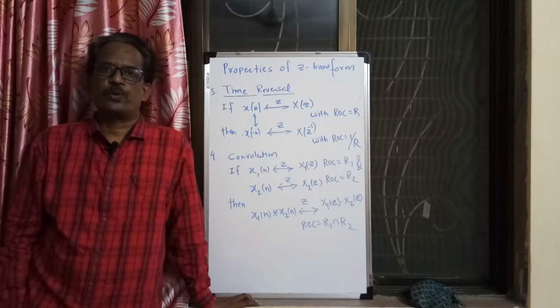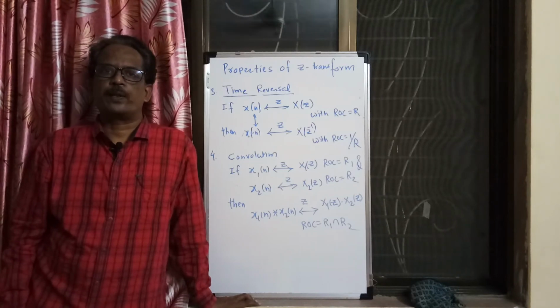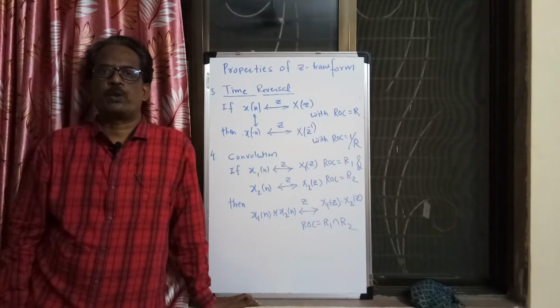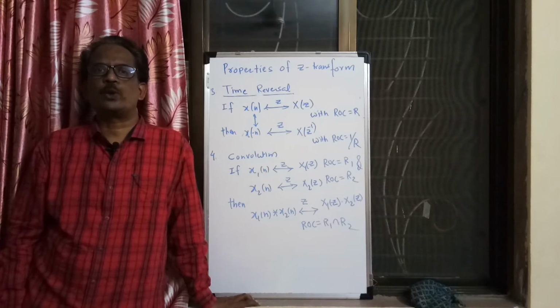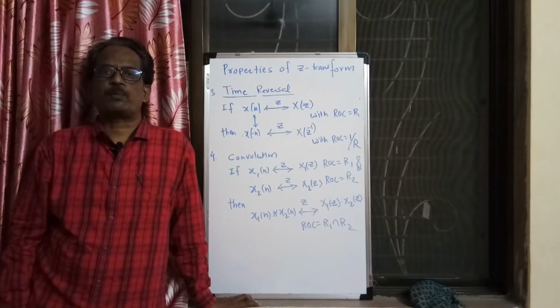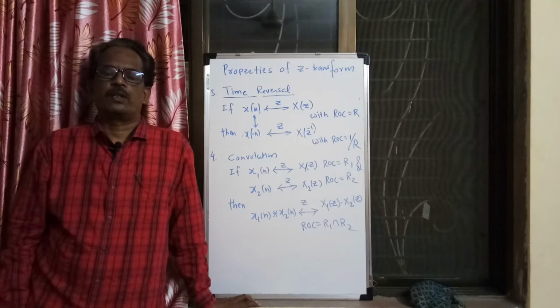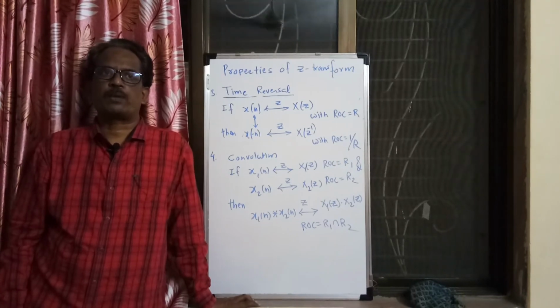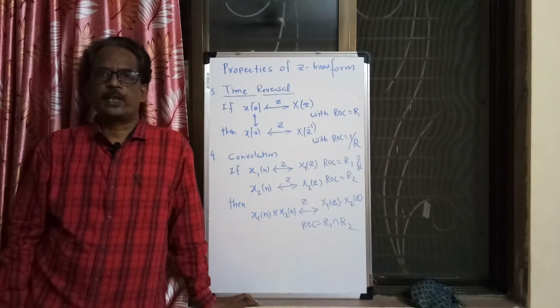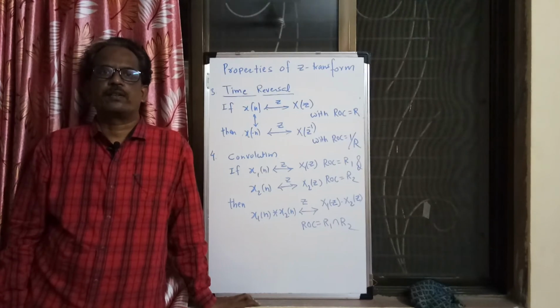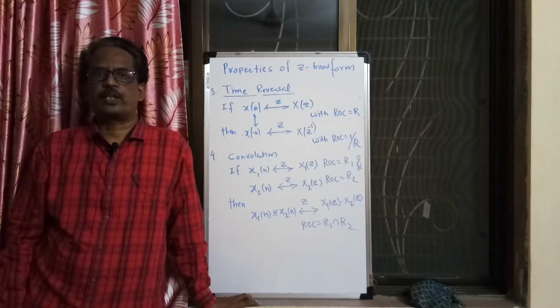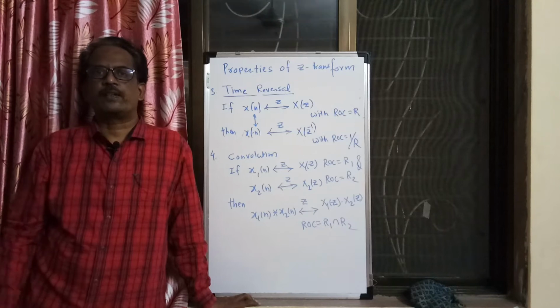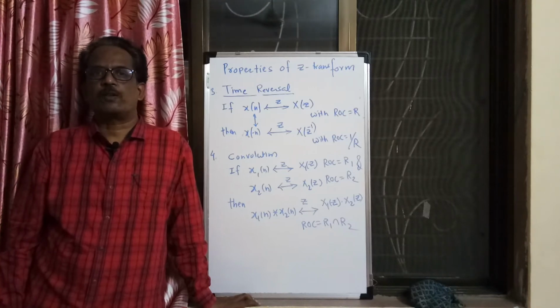So convolution in time domain is equivalent to multiplication in z domain. Many times this property is used to solve complex problems in time domain. When we convert these complex problems to the z domain, we often get the resultant convolution signal very easily.